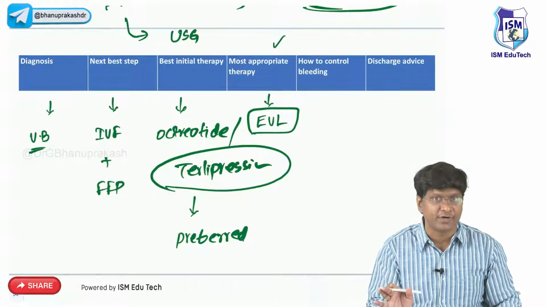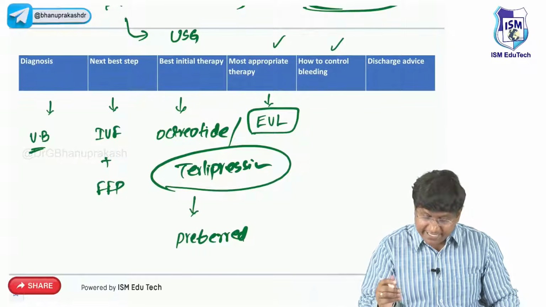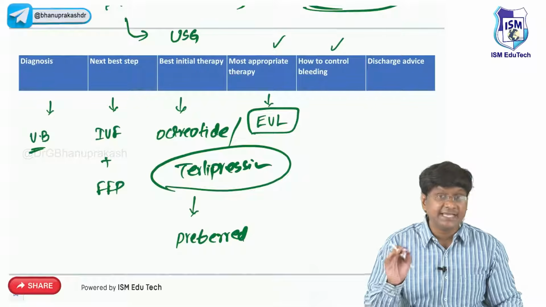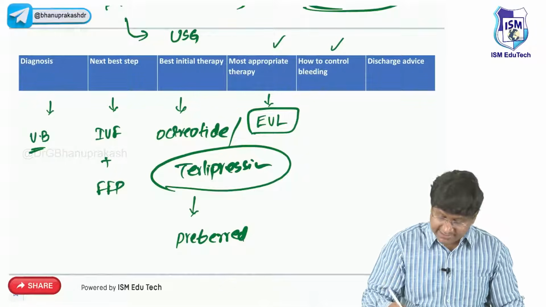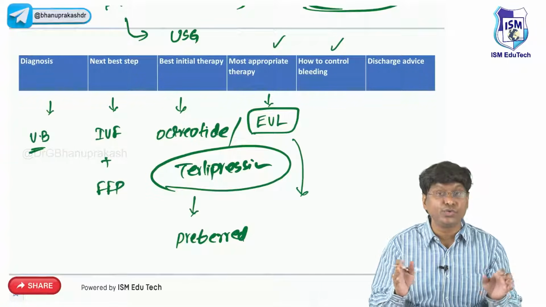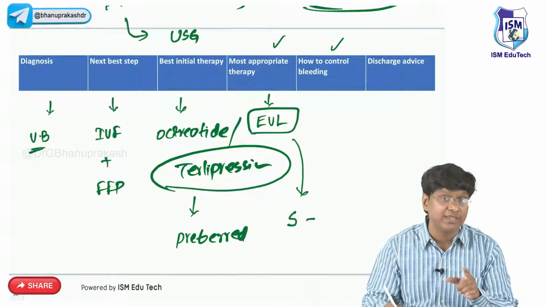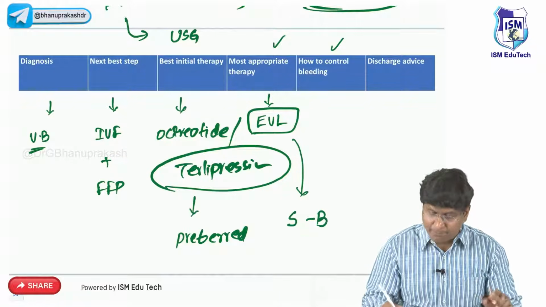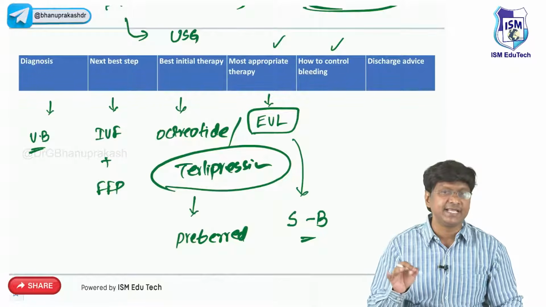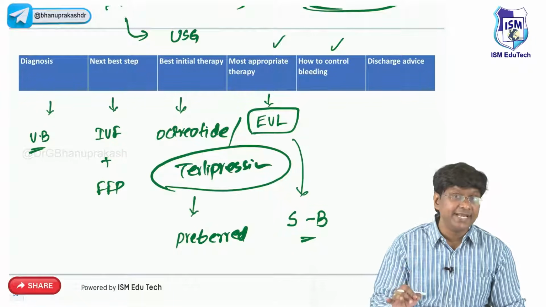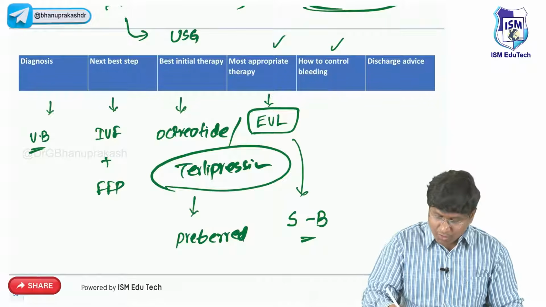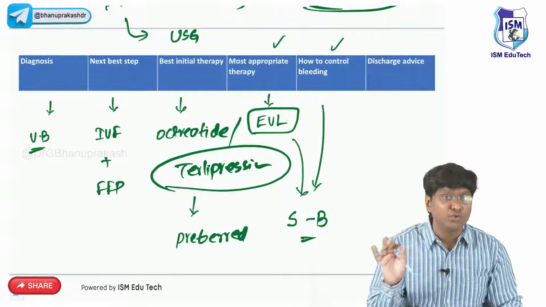Now, in case the bleeding cannot be controlled, you need to do a balloon tamponade, and this balloon tamponade is done with the Sengstaken Blakemore tube. With the help of the Sengstaken Blakemore tube, the bleeding can be controlled. So how to control the bleeding? That is by balloon tamponade.